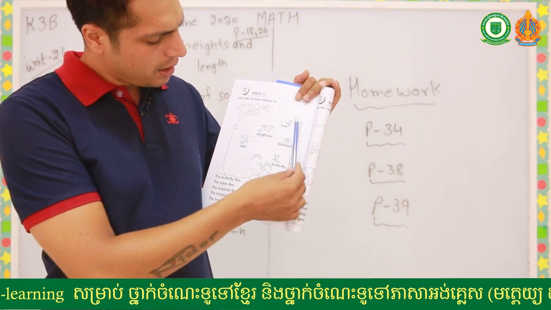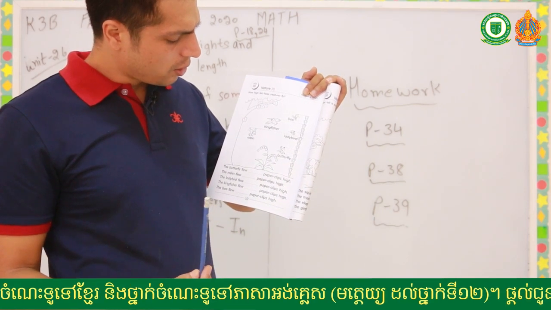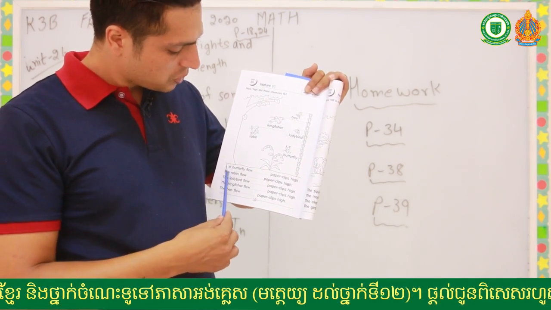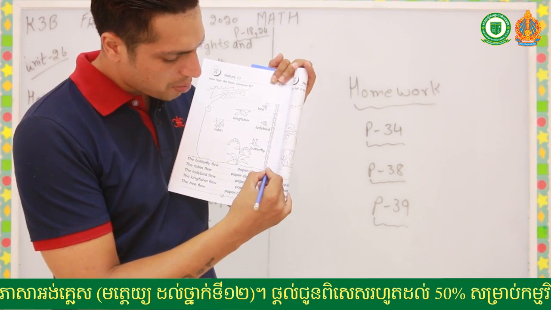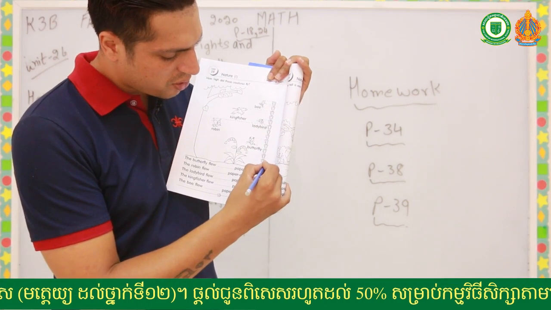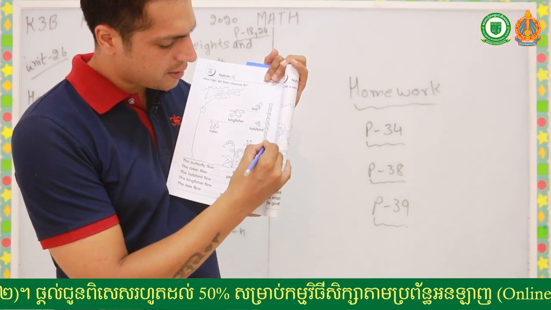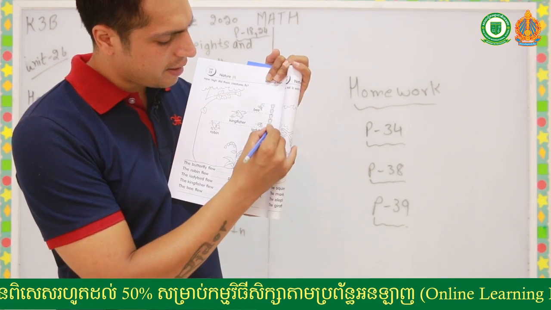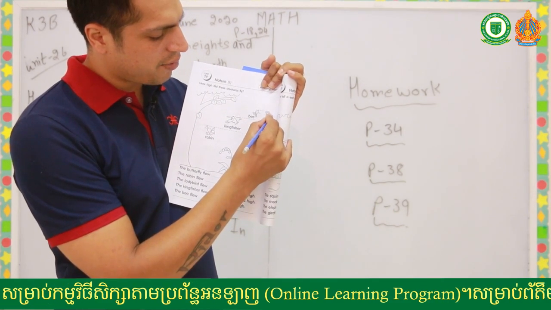So the butterfly flew how many paper clips? Again, give them numbers before you do it. Okay, 1, 2, 3, 4, 5, 6, 7, 8, 9, 10, 11, 12, 13, 14.